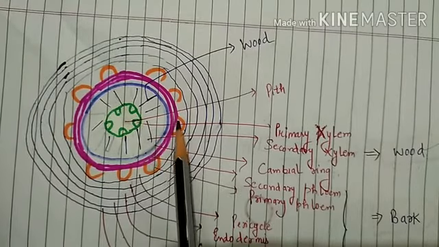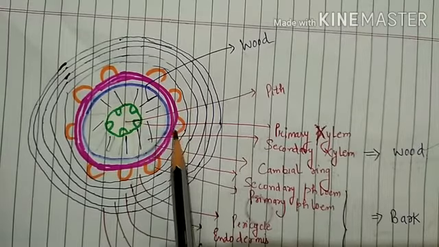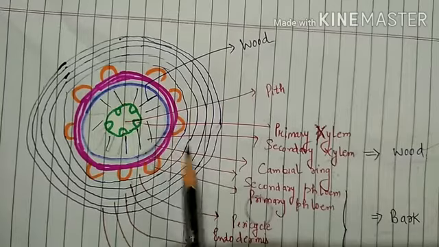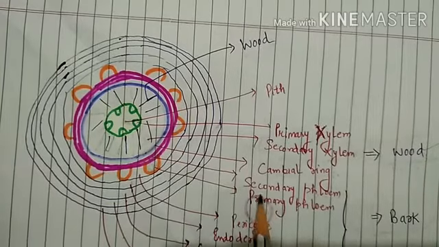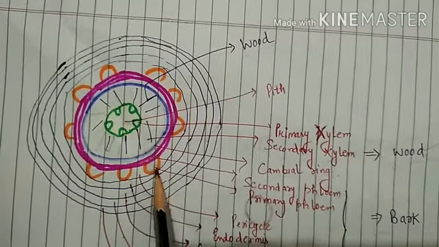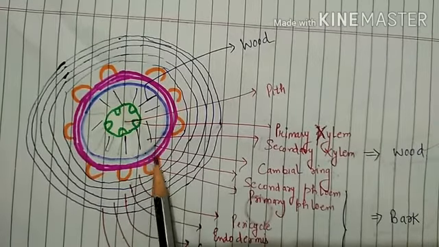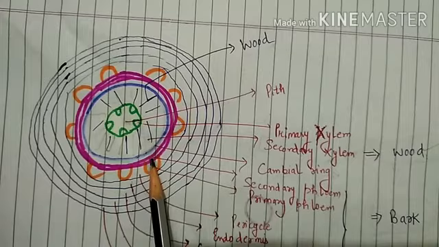Then the primary phloem is present in patches, and inner to the primary phloem there is the secondary phloem. The orange color here represents primary phloem, and inner to this the pink color represents the secondary phloem.